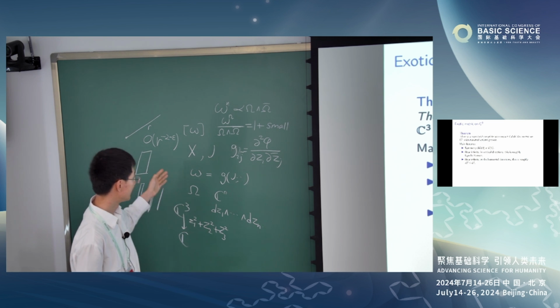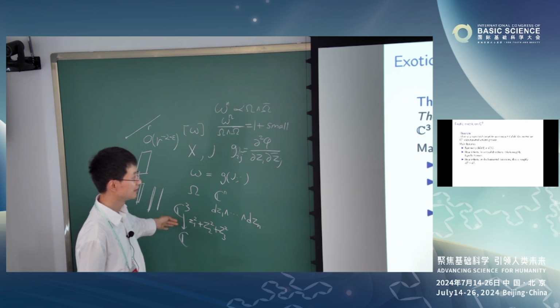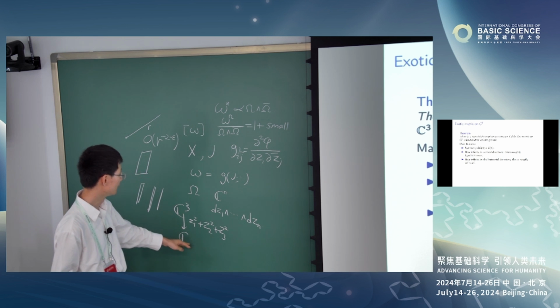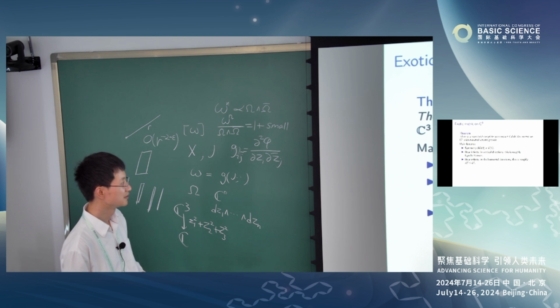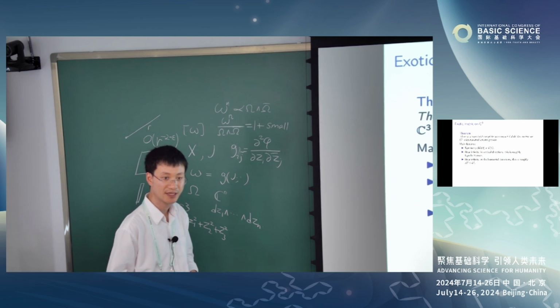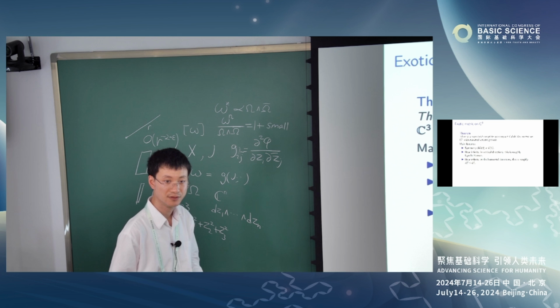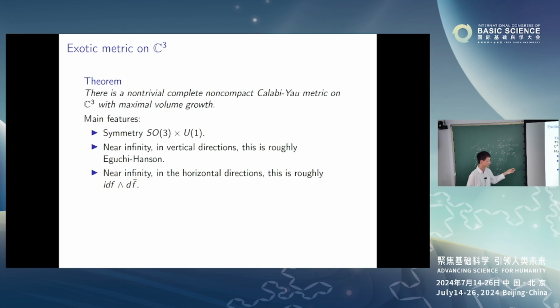The vertical direction means the fibers of this map, the preimages of points downstairs. The vertical directions are roughly speaking the Eguchi-Hanson metrics on the fibers. So the fibers are just those affine quadrics which carry those Eguchi-Hanson metrics. And the restriction of this metric on C3 to those fibers is approximately Eguchi-Hanson, that is close to infinity.